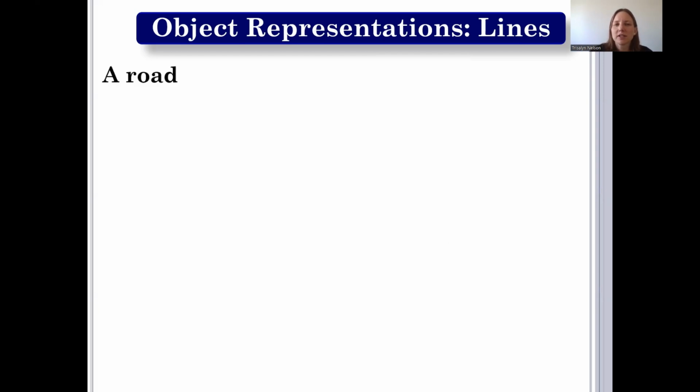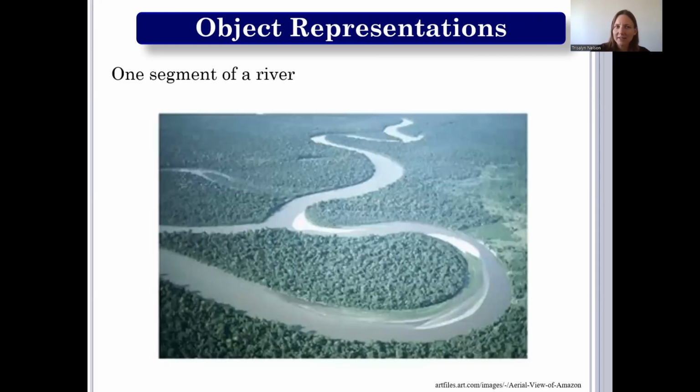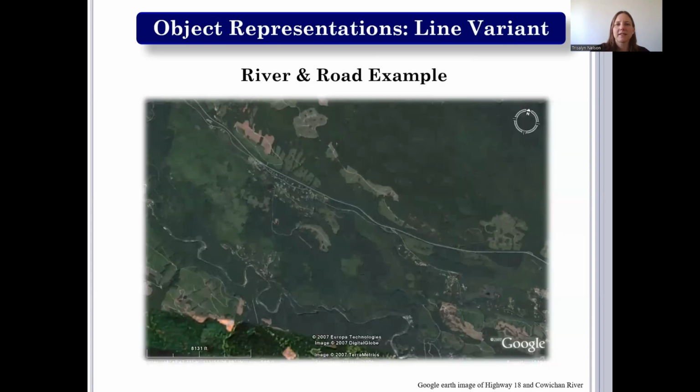So lines are considered slightly more complex, and they are used a lot for things like roads. You can even have lines that all connect to each other, what we call networks, but we're not going to worry too much about that. So the first is points, the second is lines. River segments are ideally represented as a line. Hiking trails are represented as lines.